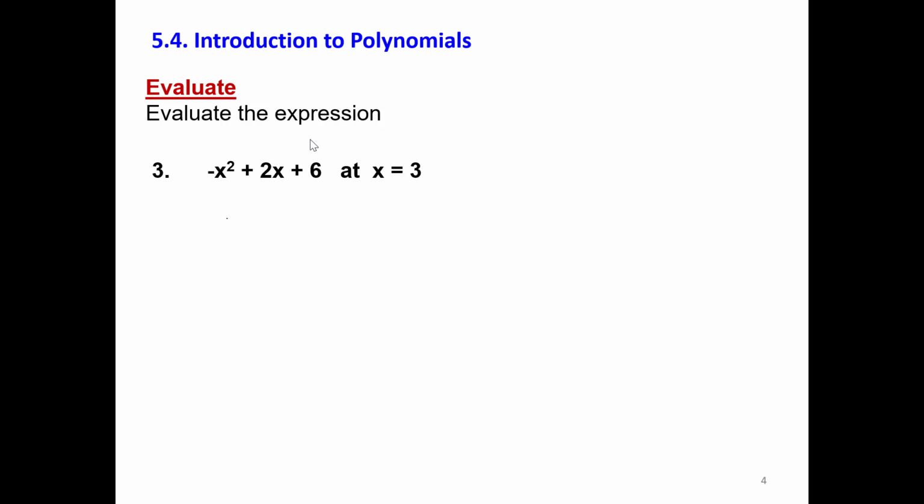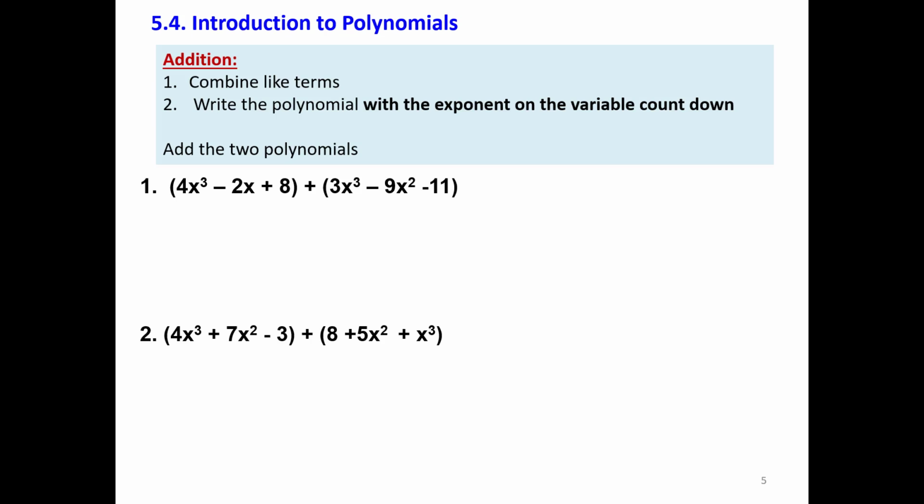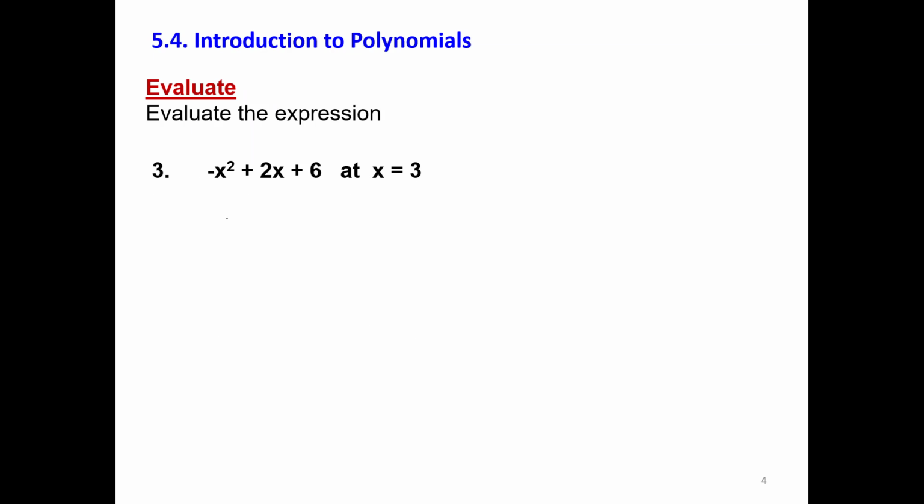In this case, we want to evaluate this polynomial at x equal 3. Just replace the x by 3: negative 3 to the second, plus 2 times 3, plus 6. 3 to the second power is 9.